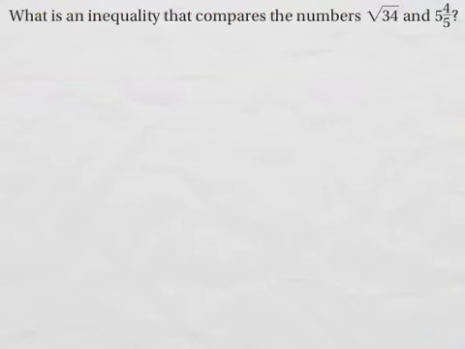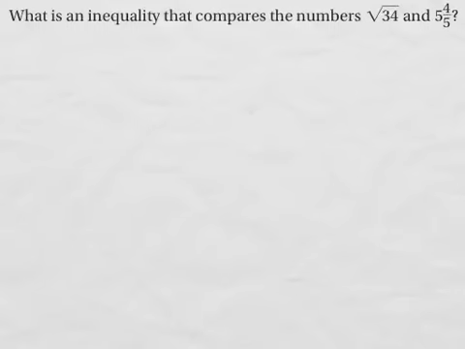This asks us to write an inequality that compares the numbers, the square root of 34, and 5 4/5. If you notice, they are not in the same form. I have a radical or a square root, and then I have a fraction. It's not going to be very easy to get my radical to a fraction, so I am going to change both of these to decimals.